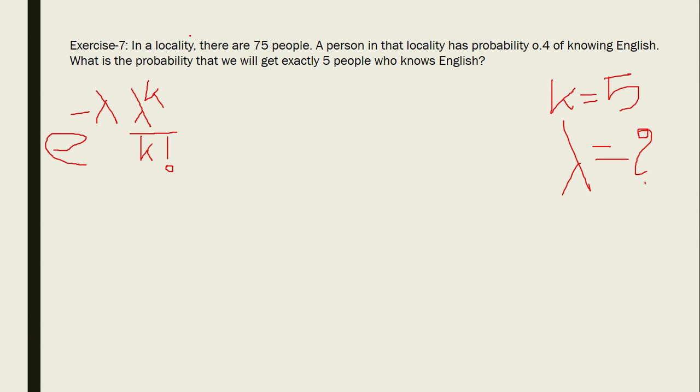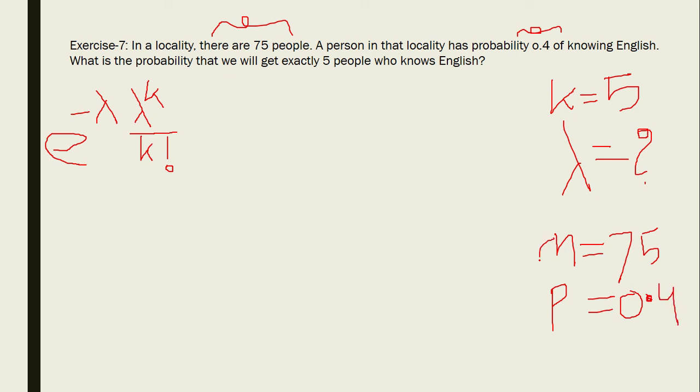Here, you can see that there are 75 people, right? That means n, the number of people, equals 75. And the probability of a man knowing English is 0.4, right? Now we can find lambda from this n and p.